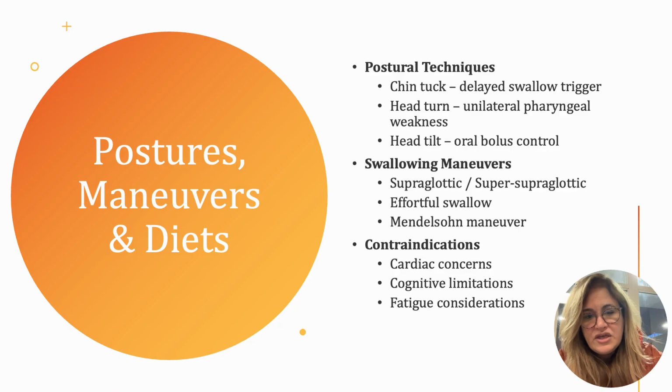For example, if we think about postures and maneuvers, chin tuck, head turn, head tilt will help with triggering the swallow, or closing the diameter of the area, making the bolus go faster, protect the areas, or clear the airway with a supraglottic, with cough.